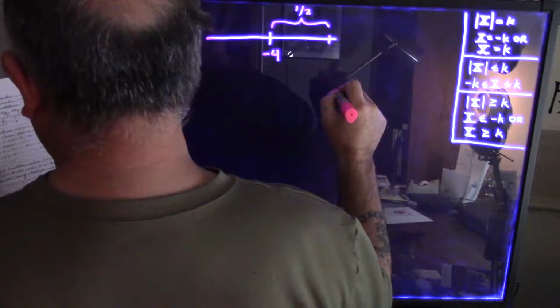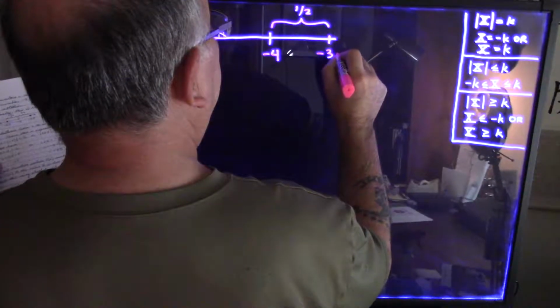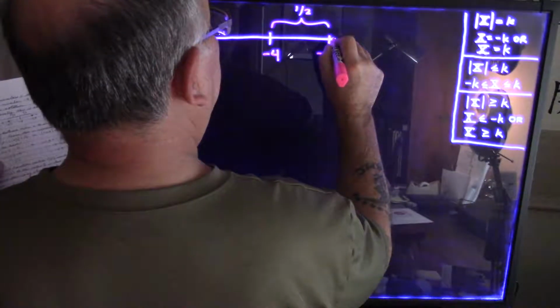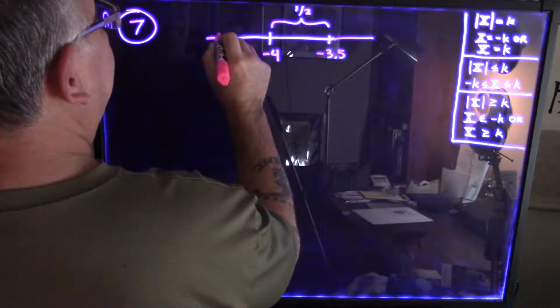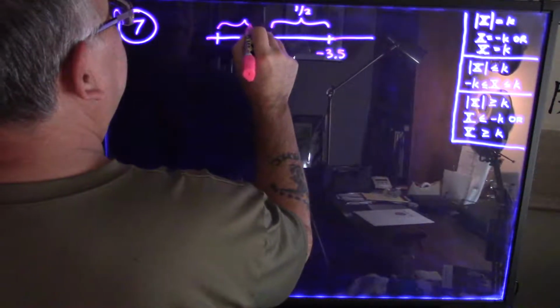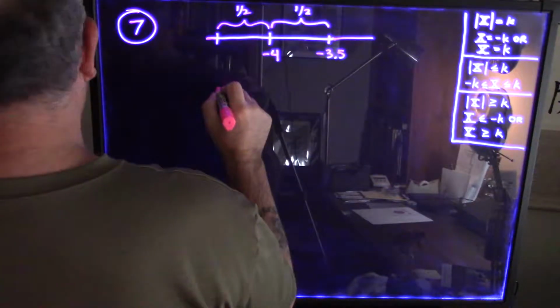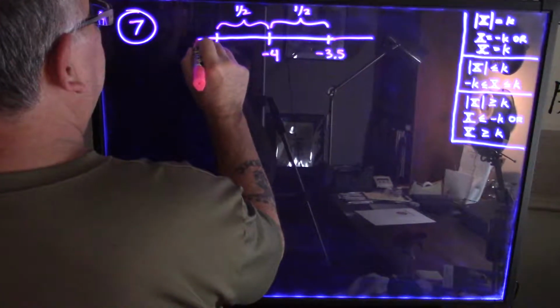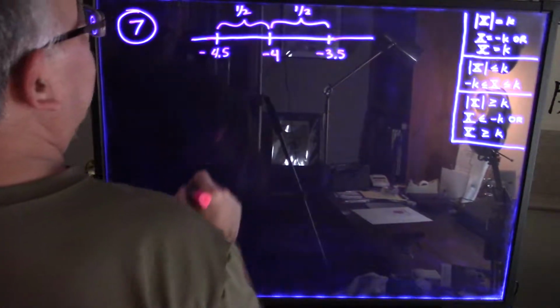So this would be -3.5 right there. And here's another 1/2, let's say, right here. So that would be -4.5.